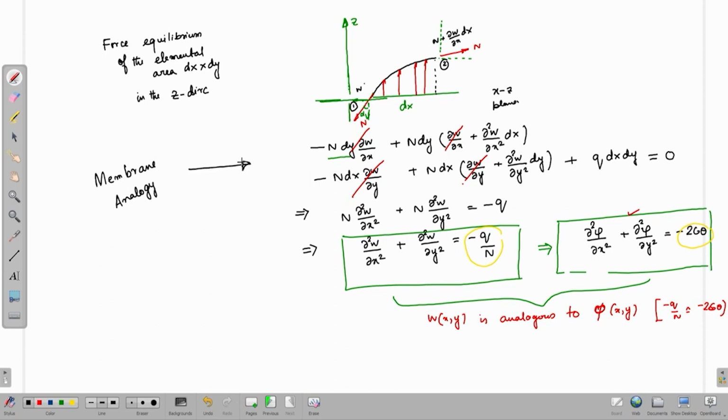It is extremely beneficial practically to find the stress function for a non-circular cross section shaft and solve the torsion problem. It is even more useful when we deal with thin wall structures. So, we will see soon how effective membrane analogy is in the analysis of thin wall structures.